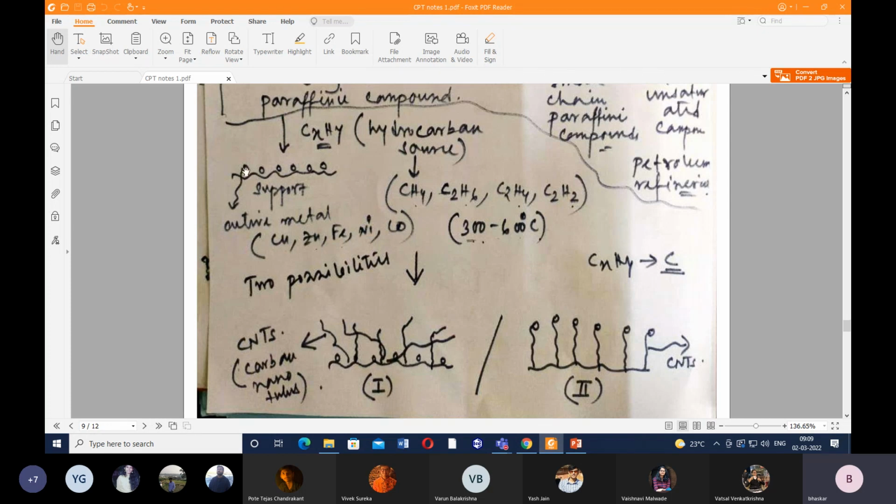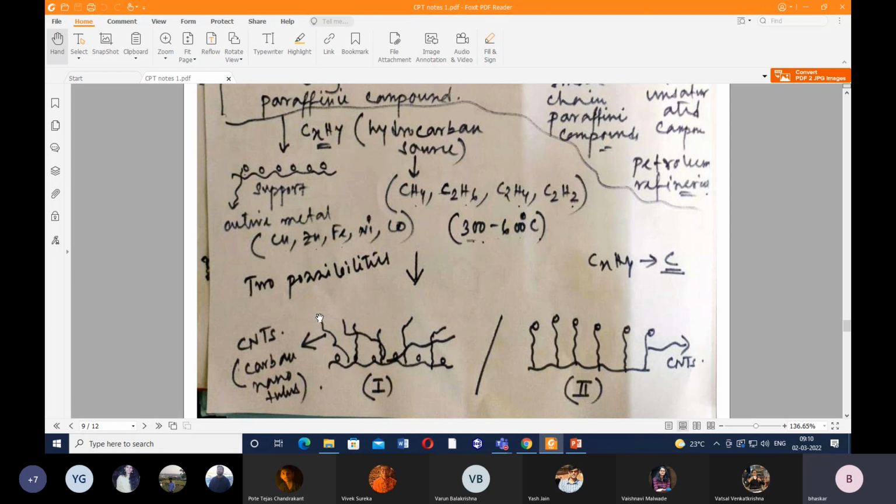So there are two different possibilities. If I have more interaction between the active metal and the support, then we'll have formation of carbon nanotubes following the interaction between CxHy and this supported catalyst. However, these active metals will remain adhered to the surface of the support material, since there is high interaction between the active metal and the support.